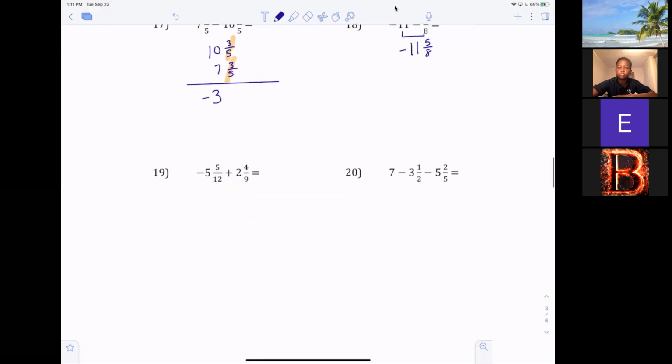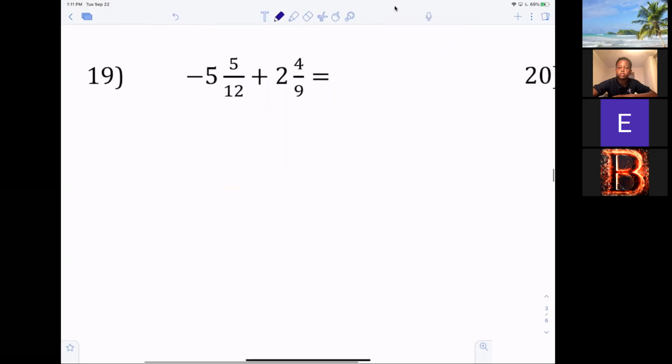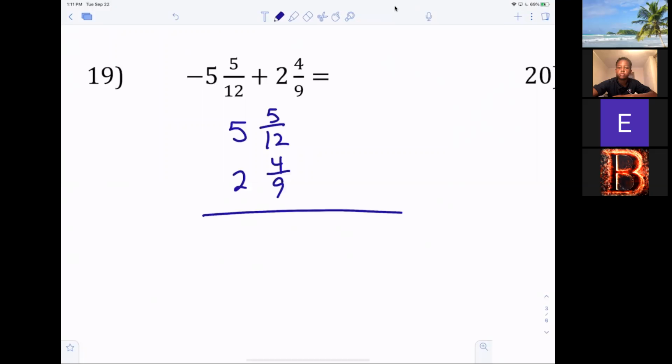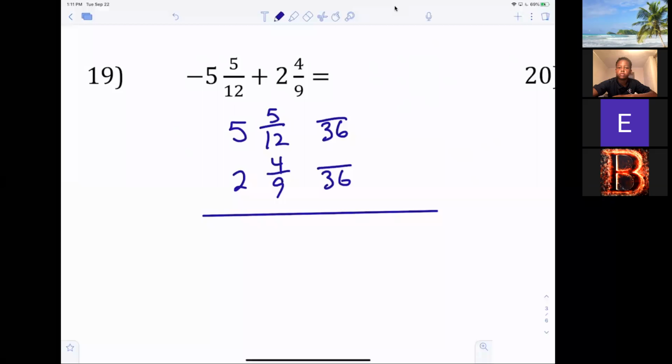All right, come on, guys. Let's keep it up. Adding or subtracting here? Subtracting. Common denominator? Thank you, whoever said 36. Multiply the first one by 3. Multiply the second one by, then it becomes, yes.